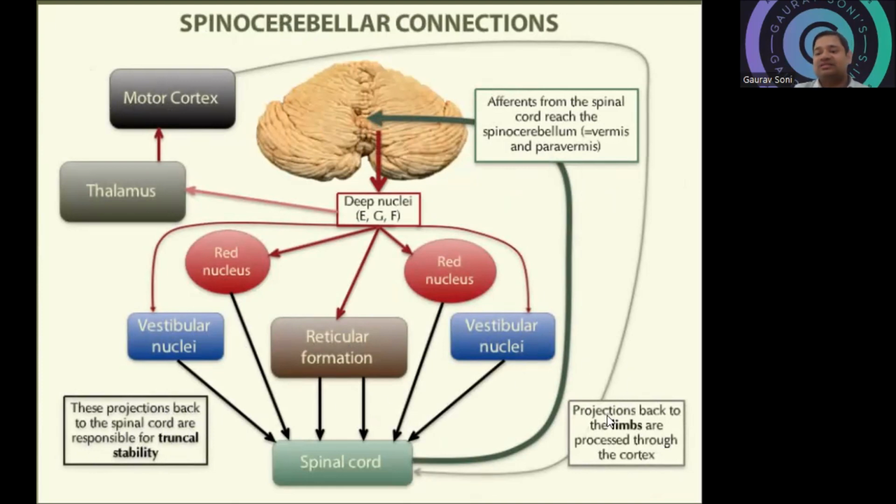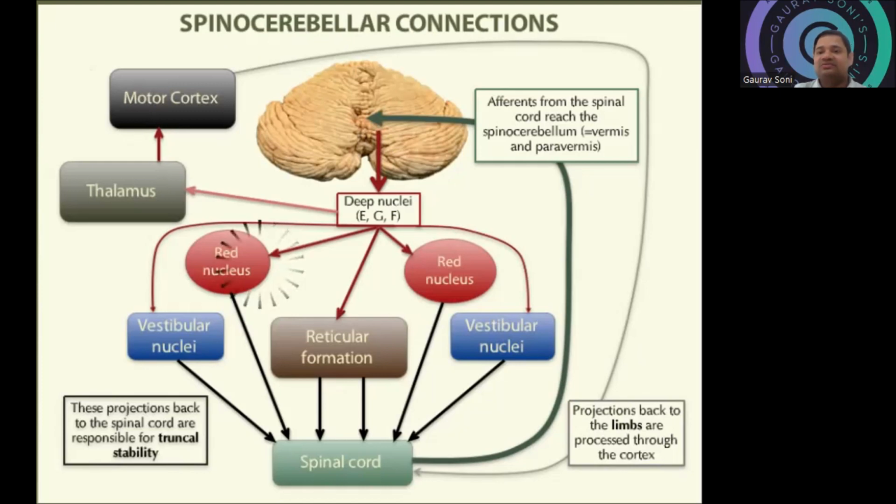Trunk will be stable by this, and projections back to the limbs are processed through the cortex. Afferents from the spinal cord reach the spinocerebellum, which is the vermis and paravermis, and from it can be given directly also to the spinal cord. So this is spinocerebral for stability of trunk.